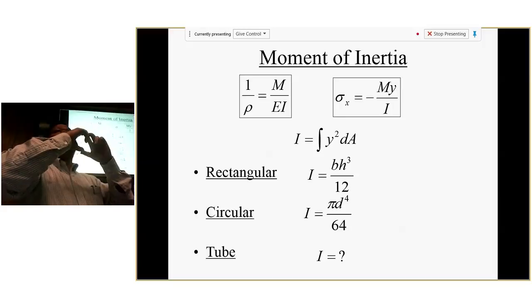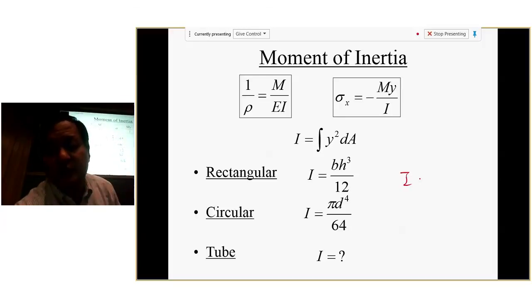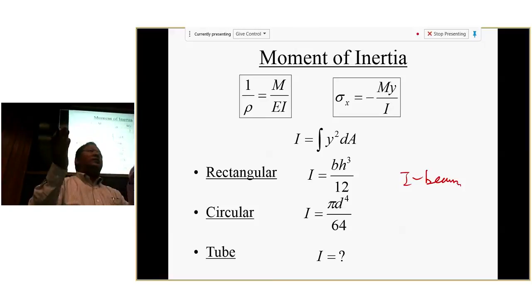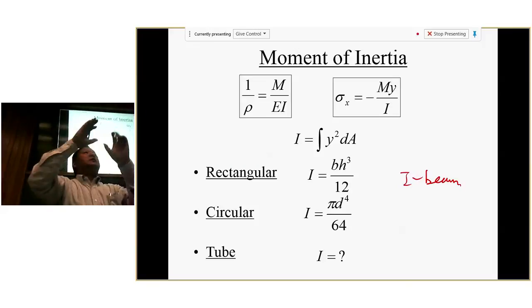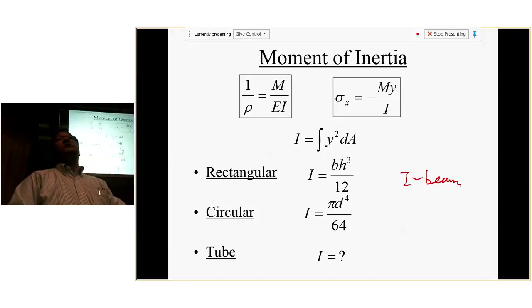The I-beam is hard to calculate, so there is a table. You can search based on the dimensions, and it will tell you the I value.